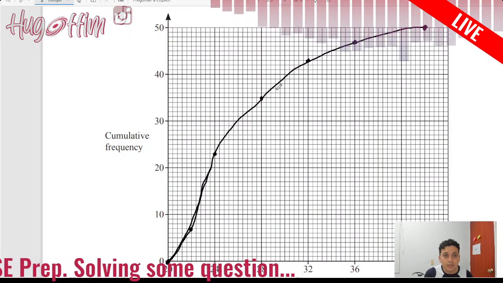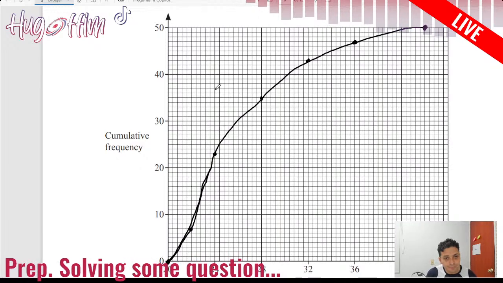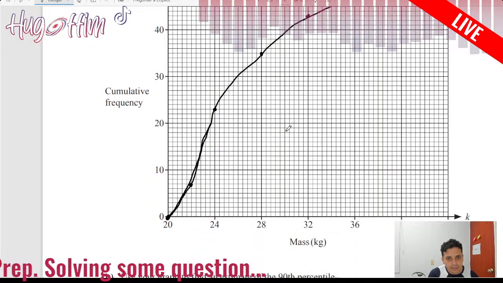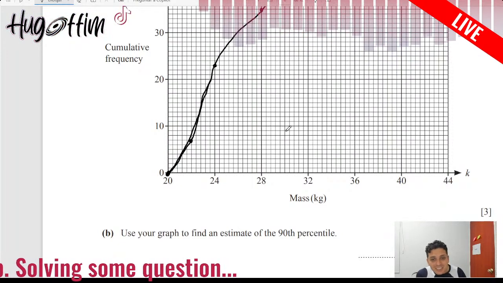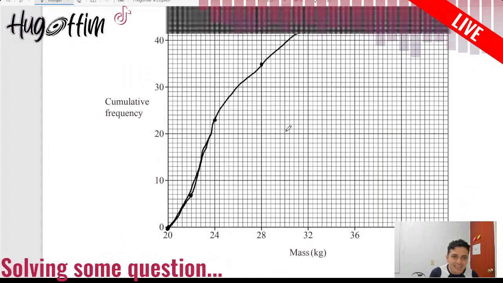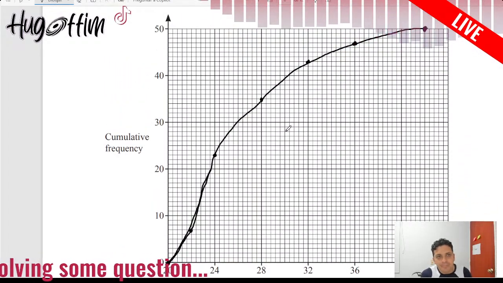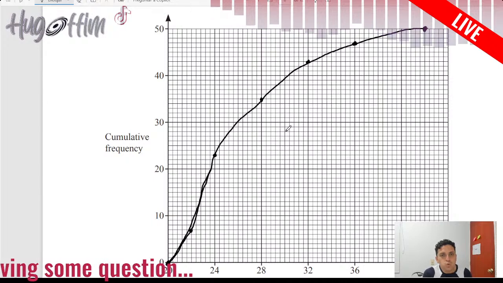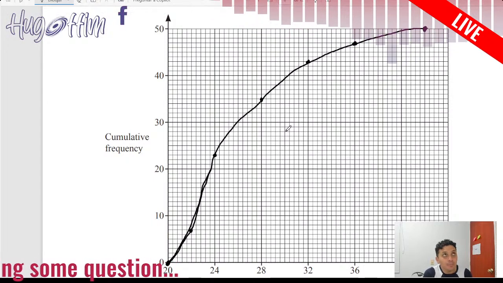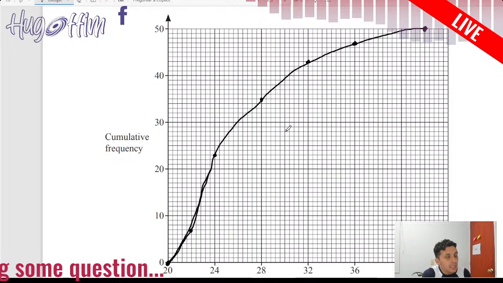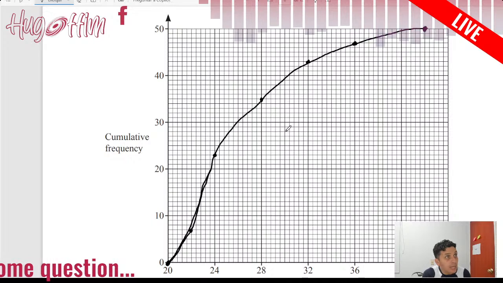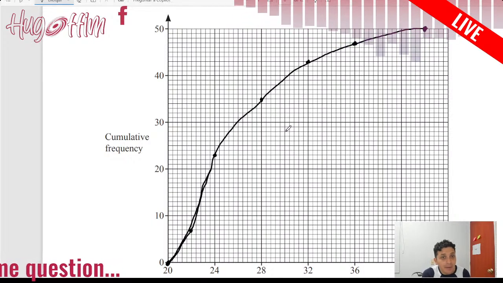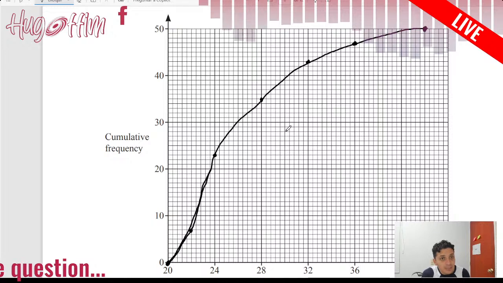Okay, this is the cumulative frequency graph. And then it says, use your graph to find an estimate of the 19th percentile. If I divide 100 by 2, 19 divided by 2 is going to be 45.